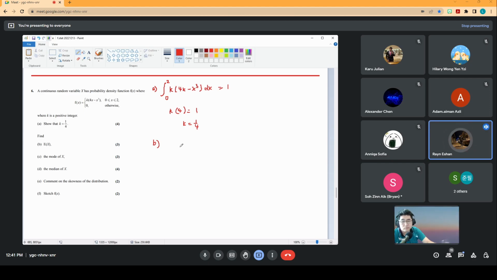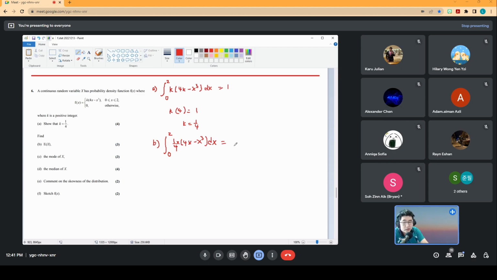Integration of x over 4 times (4x minus x cubed) from 0 to 2. We are missing the x here. So x over 4, (4x minus x cubed), 0 to 2.